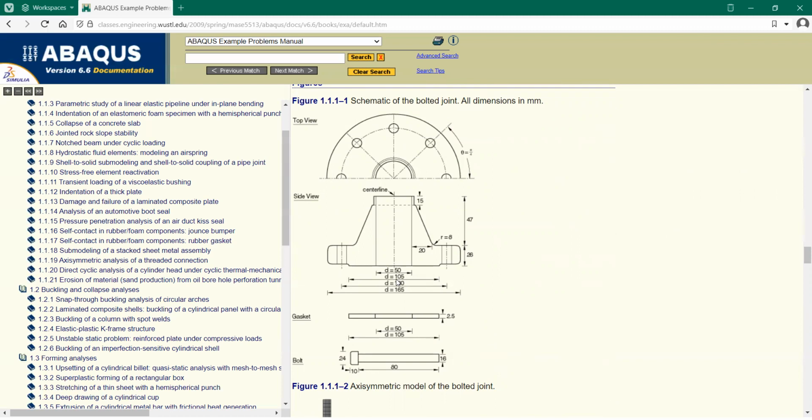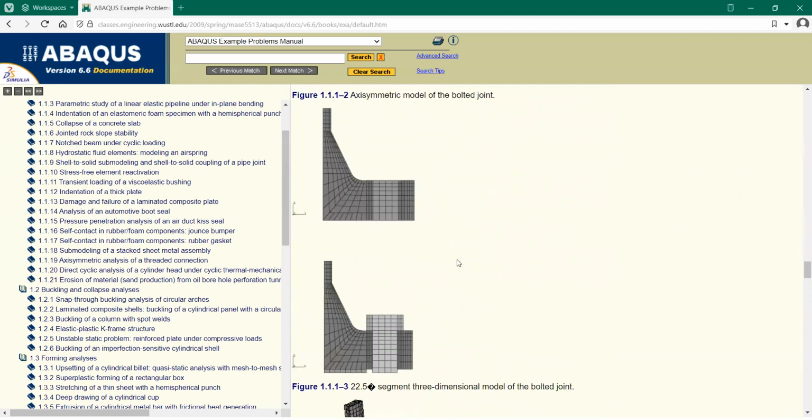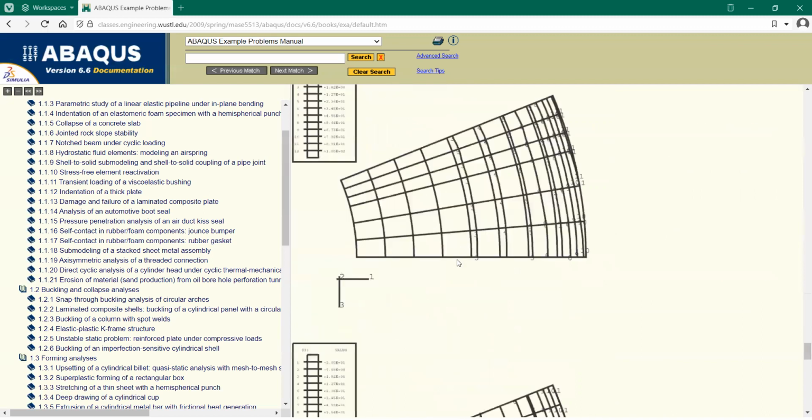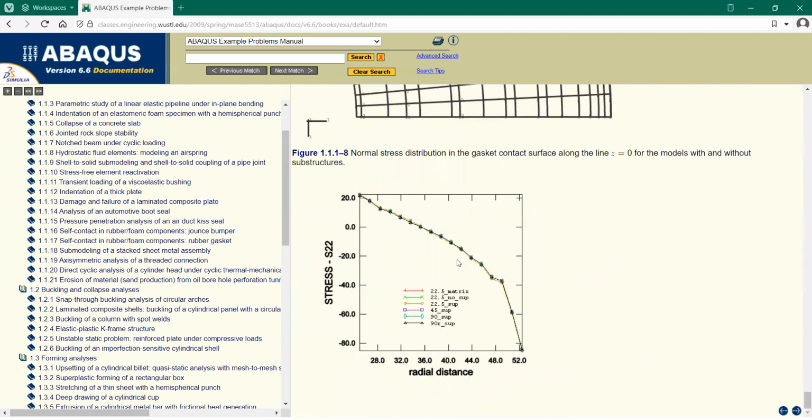So from here, it's a region which starts from here, somewhere here until this region. Let's see what has happened to the stress S22.